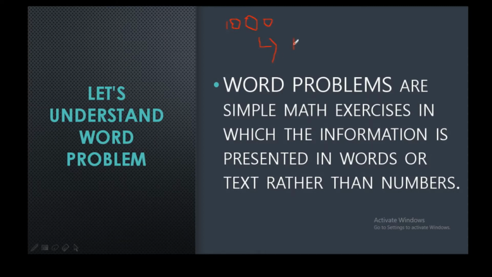Instead, you see 1,000 in words. Yeah, my handwriting is bad. So this is how a word problem is going to appear. So instead of figures as in 1000, you see it in words.